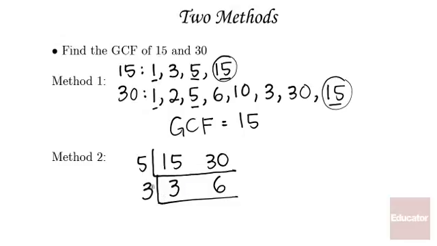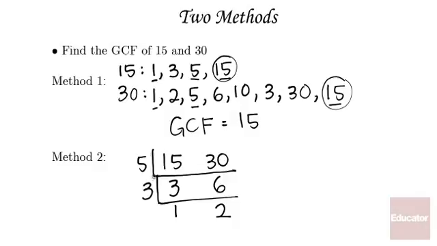And again, 3 divided by 3, if I pull a 3 out, is going to be left with 1. From 6, if I take a 3 out, or 6 divided by 3, then I get 2. So I look at these two numbers, 1 and 2. The only common factor between 1 and 2 is the number 1. Now, I'm not going to consider 1, okay, because all numbers have a common factor of 1. So there, I'm done.